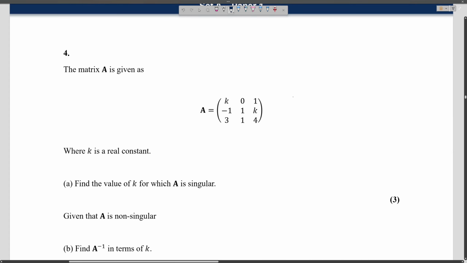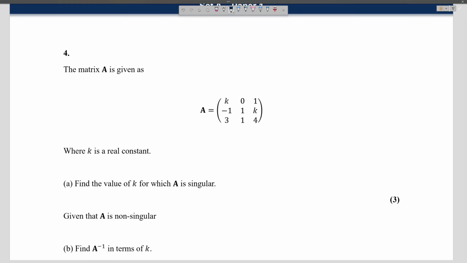Well, just go back to the original matrix here, the matrix A, and we expand basically across each row here. Okay, so for the first one then, we cross off this row and this column. And as you can see then, I get left with this 2 by 2 matrix here, 1, k, 1, 4.